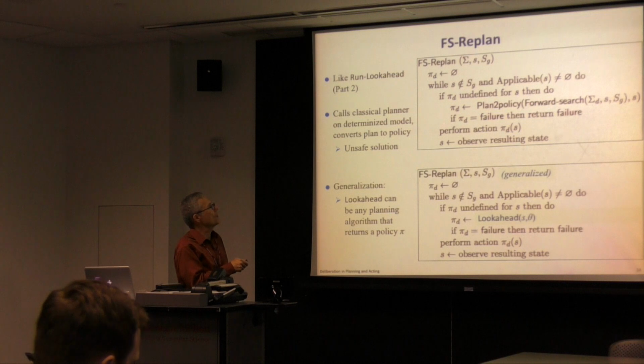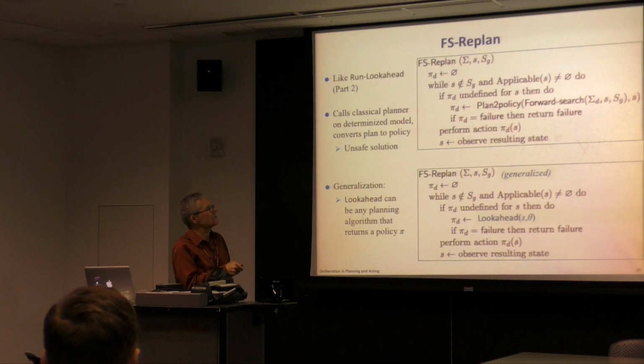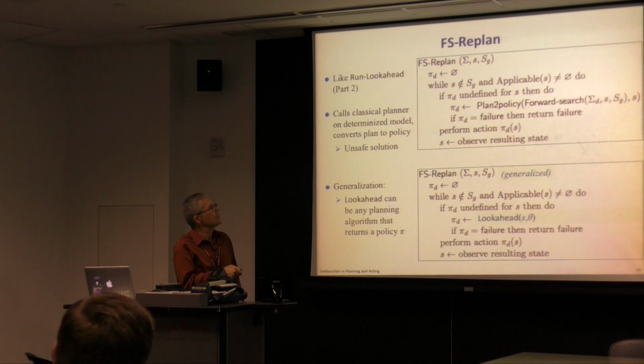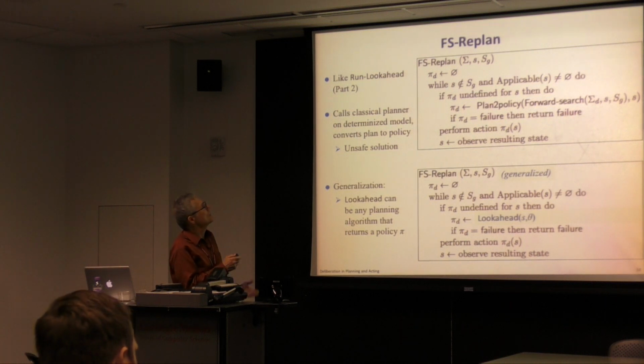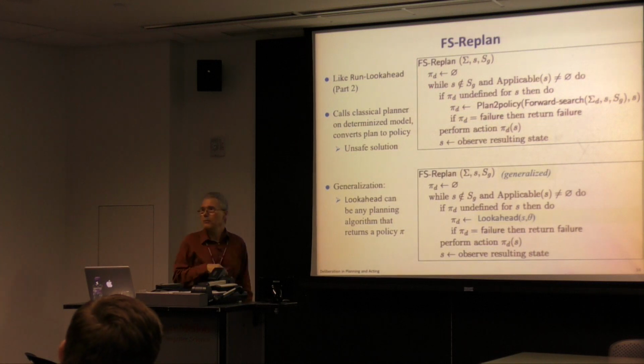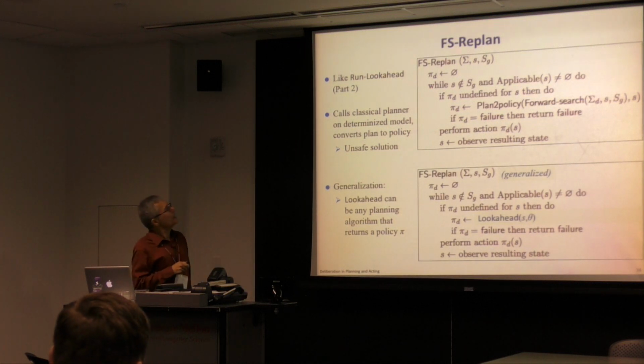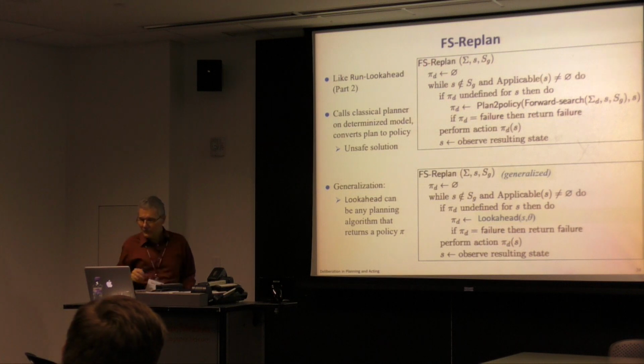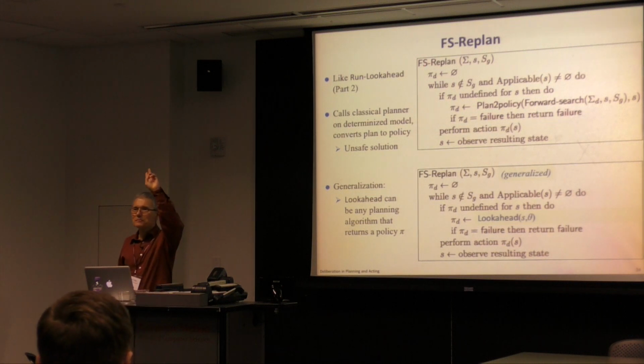All right? So it performs whatever the action is that it says to do in the current state, takes a look to see whether that worked out. If it does, then fine. But if not, well, it goes back in the loop and calls plan to policy again. Any idea why we chose to call that FS replan?